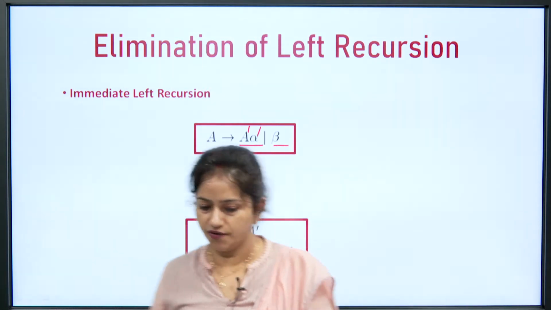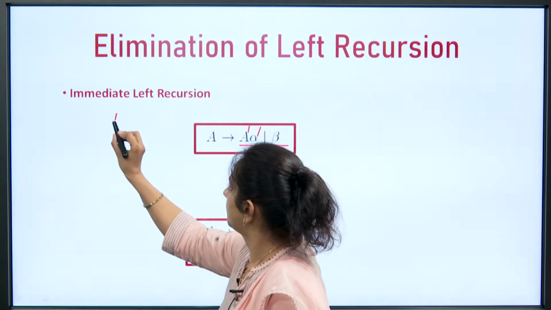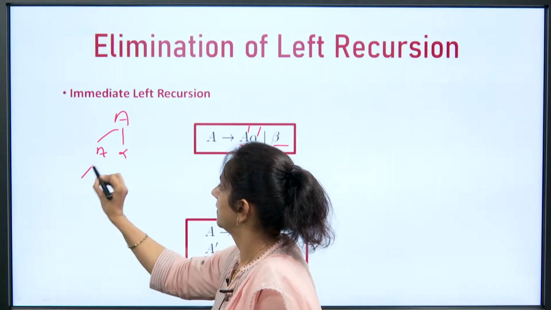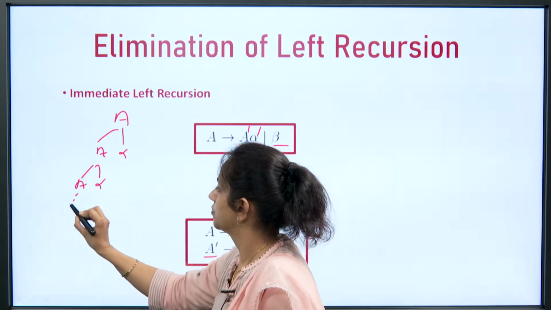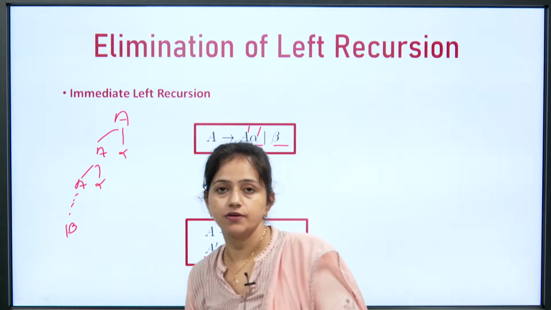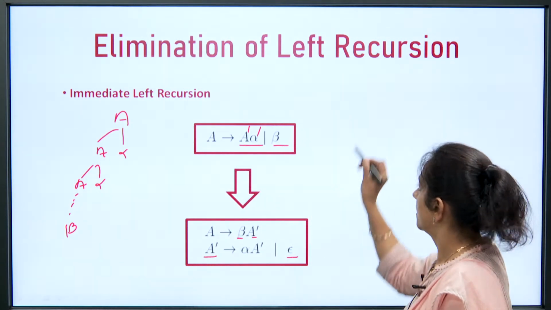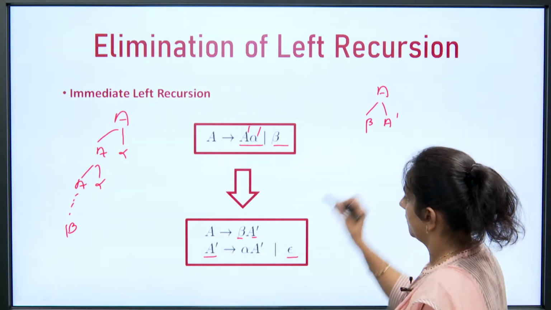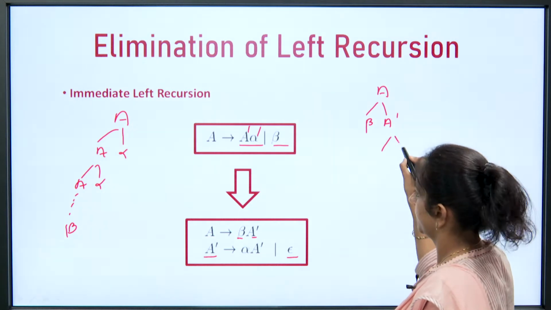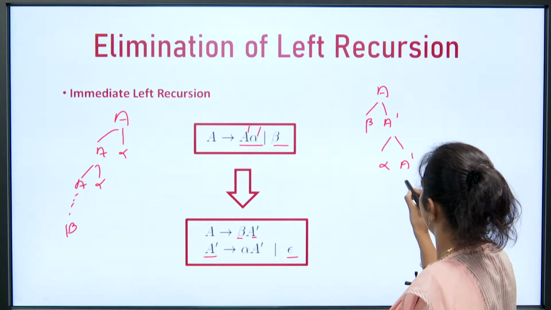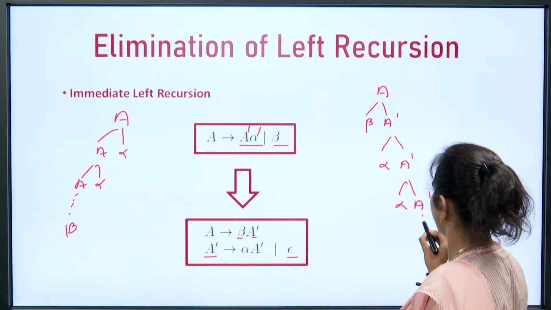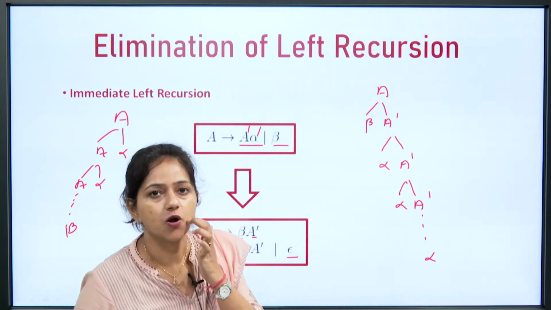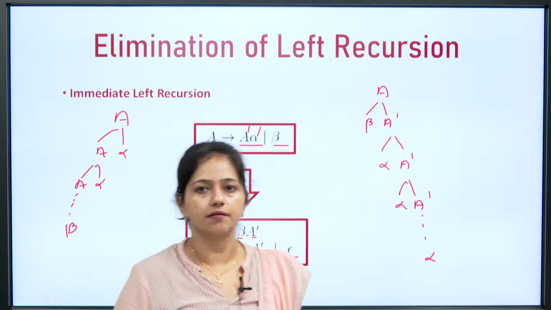Suppose I draw the parse tree for the original grammar: it will be A alpha and then A alpha and so on, and finally it will be expanded to beta. Here we start from A to beta A prime, and then A prime to alpha A prime, and again alpha A prime up to a certain level, and finally we expand with the second alternate of A prime, that is epsilon.